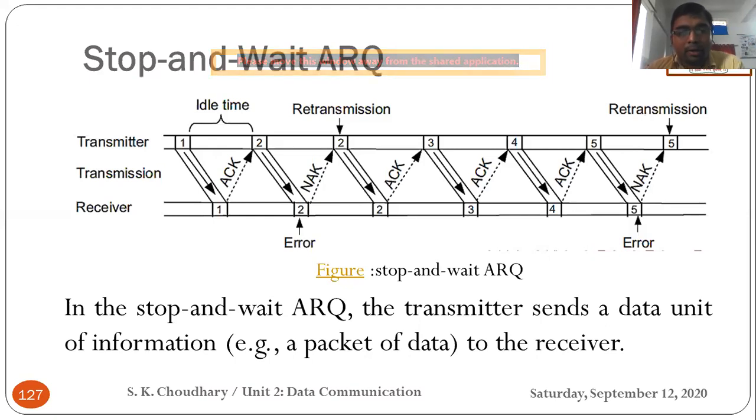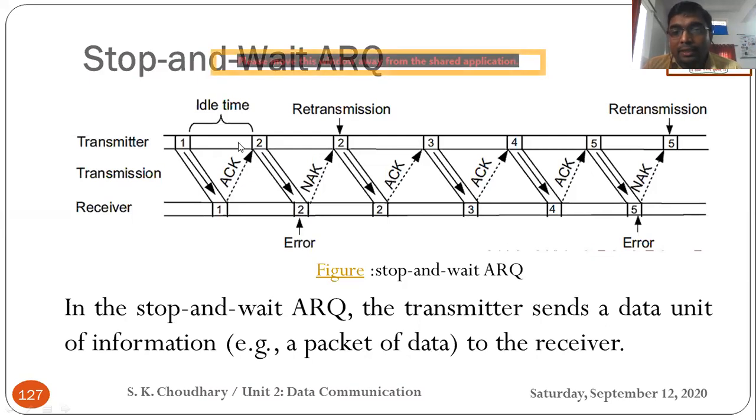You can see here in the stop and wait ARQ system, the transmitter sends a data unit of information, that is a packet of data, to the receiver, and this is the first time instant when it sends a packet of data to the receiver. It is received by the receiver, and the receiver sends an acknowledgement to the transmitter through the feedback channel. When the transmitter receives an ACK signal, it finds that there is no error in the transmitted message, so it allows the passage of the next data packet, that is packet 2, and again it is received by the receiver after some time instant.